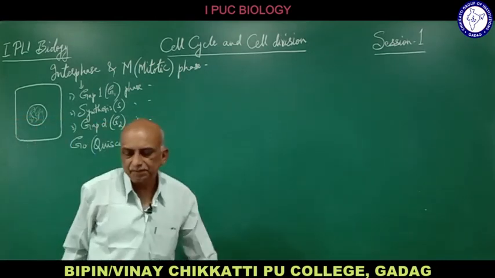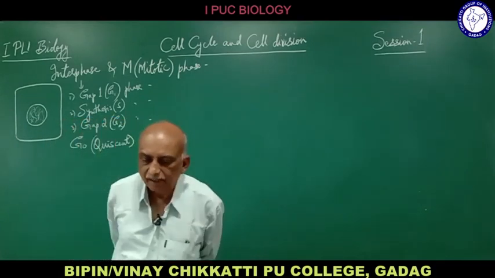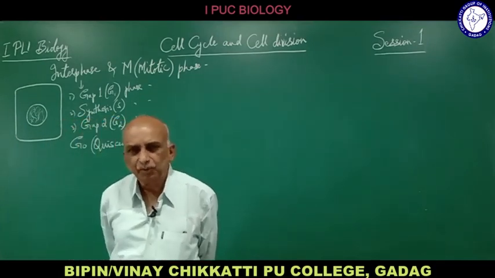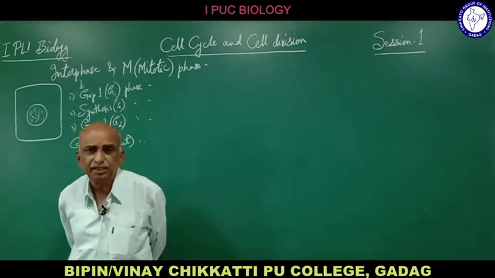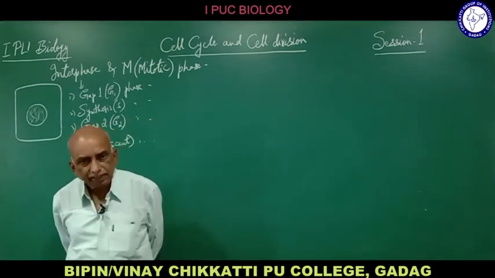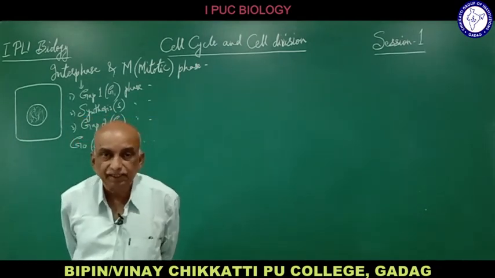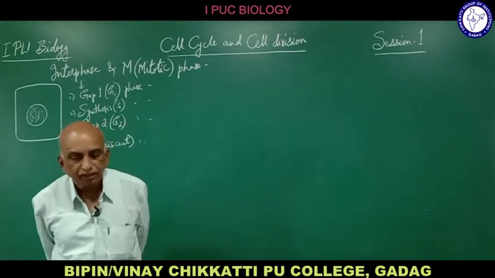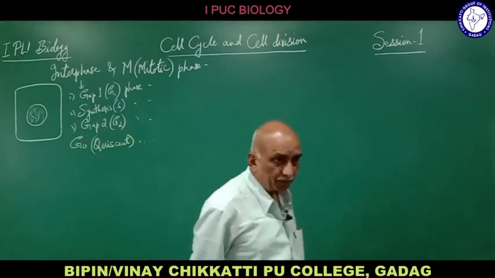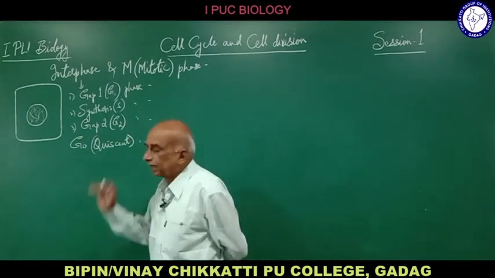Now the quiescent phase is the stage where the cell remains metabolically active, because in the G1 phase the cell is metabolically active. So that activity will remain as it is. There is no decrease in the activity. In the G0 phase, what happens after the G2 phase?